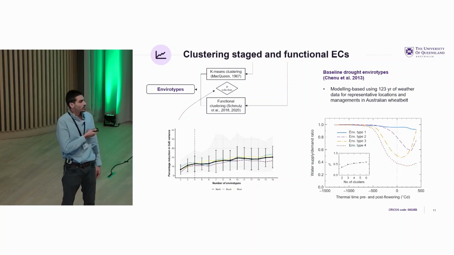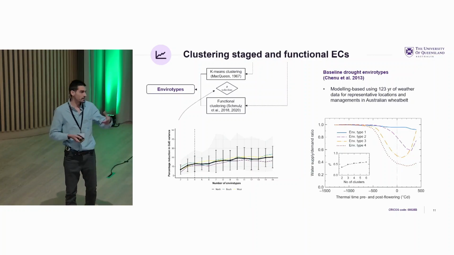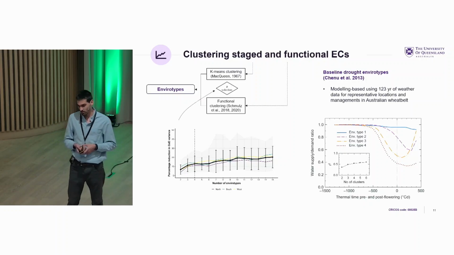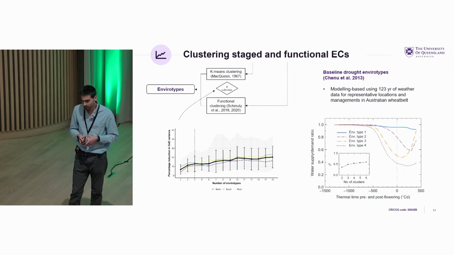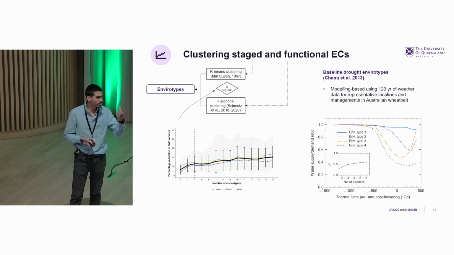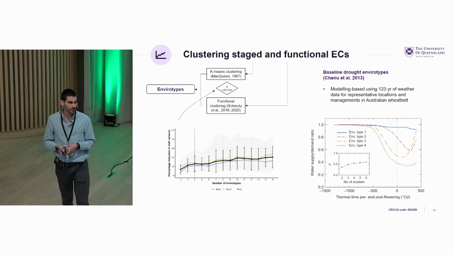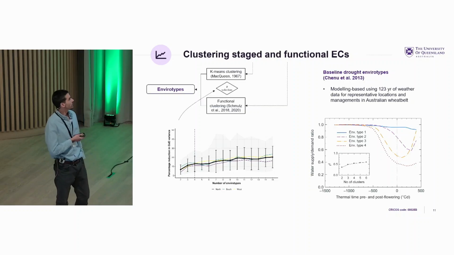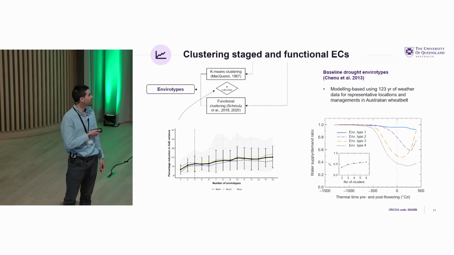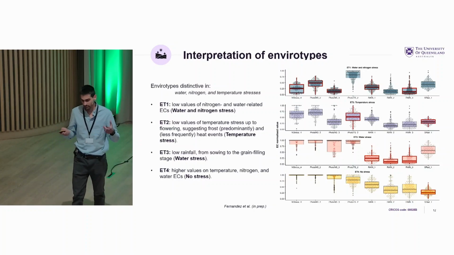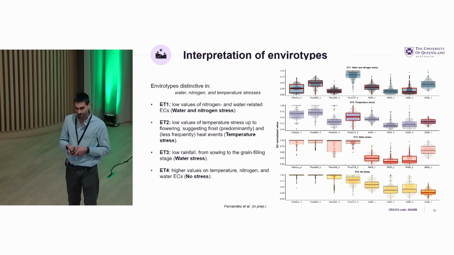But what we did is we wanted to compare this against a sort of benchmark for wheat in Australia, and we used the water stress environment types that were developed a number of years ago already. This is generally a well-proven basis for defining water stress in Australia, based on 123 years of simulated data, with these four environment types here. So that was our baseline comparison to say, are we adding anything with these new envirotypes?